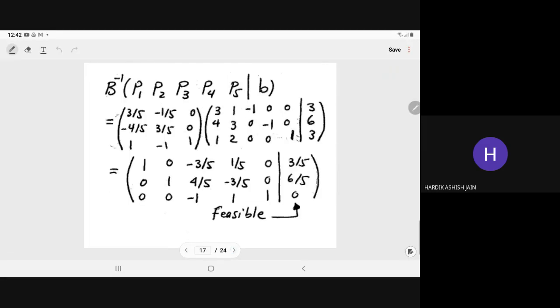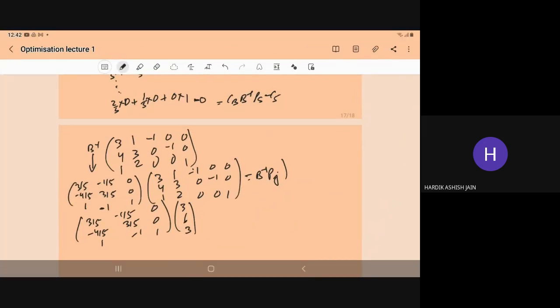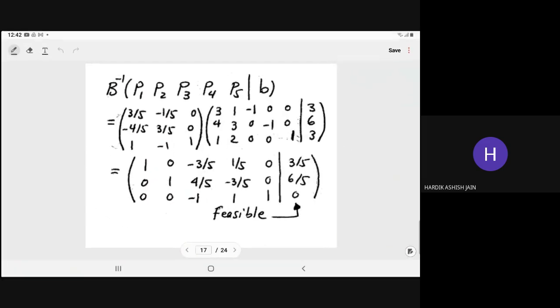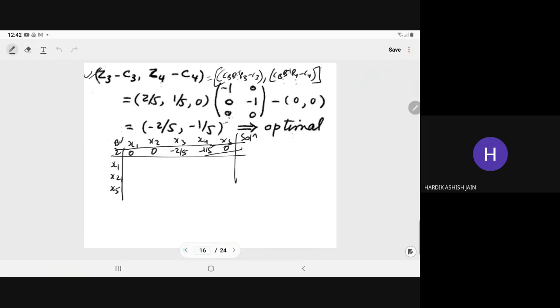Then we compute the B inverse Pj and B inverse B. When we have x1, x2, x5 as basic variables, it will always come 1 0 0, 0 1 0, 0 0 1. They will form the identity matrix.